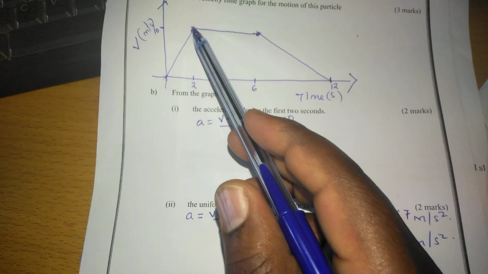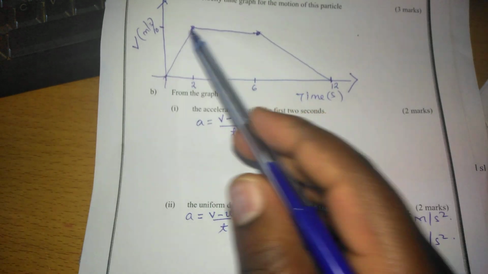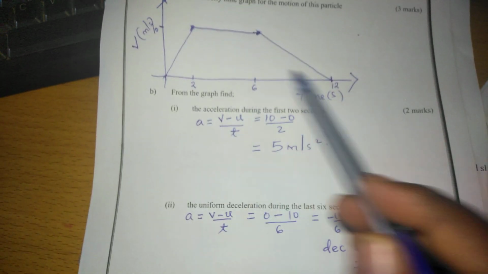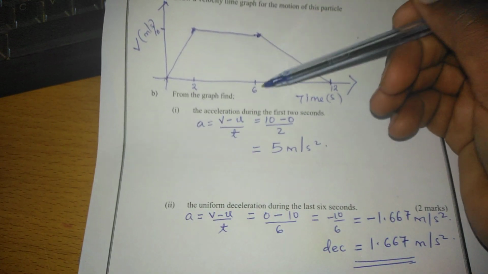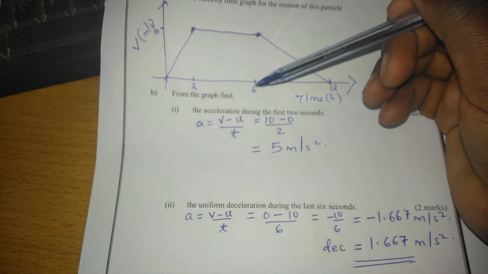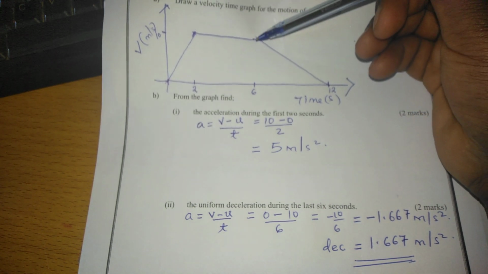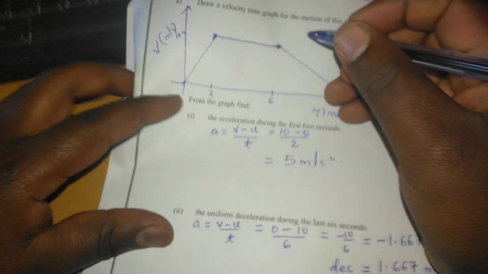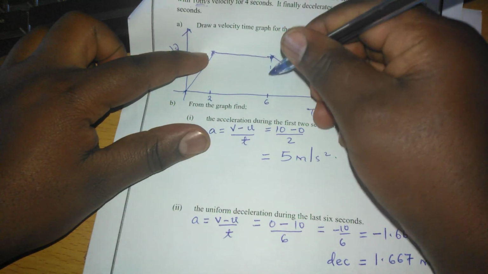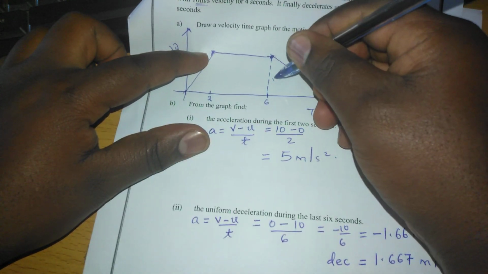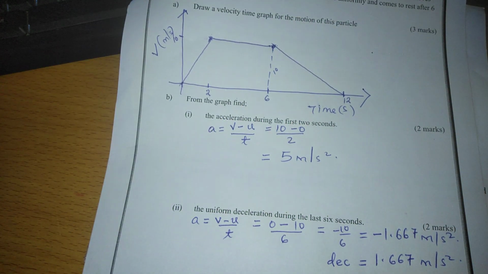Then we have from 2 to 6, we say this is within 4. Therefore, we have 4 and 12. And the vertical distance between the two parallel sides is 10, because it is from 0 to the highest velocity, which is 10. Therefore, here we will have 10 as the unit there.